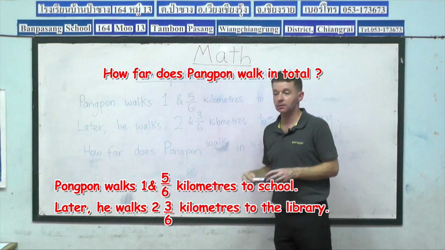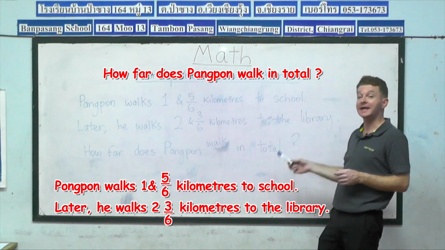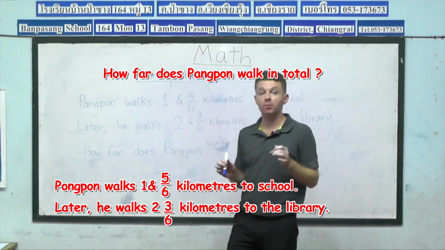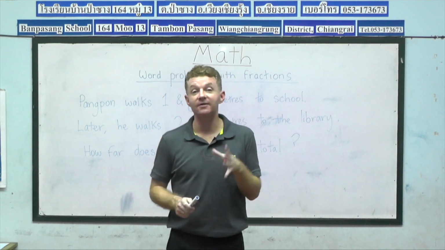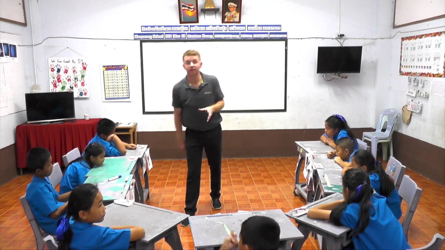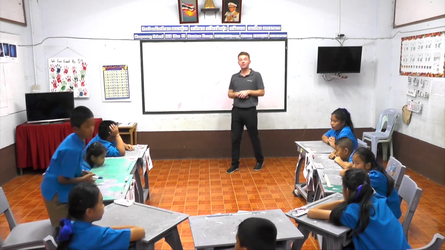How far does Bangpon walk in total? Okay, so this is a word problem with fractions using addition. And now we're going to ask another student to help us to answer this word problem. And now I would like Pat to come forward and help me to answer.